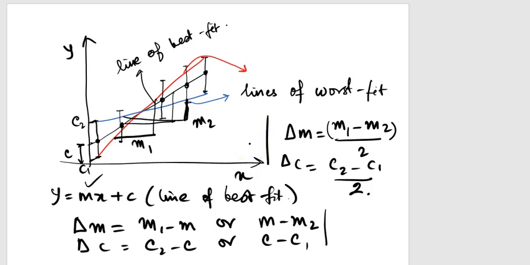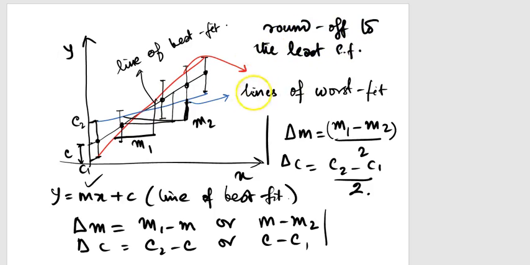Now, of course, you know the rules of how to find out the uncertainties. Always round off to the least SF, okay, for uncertainties.